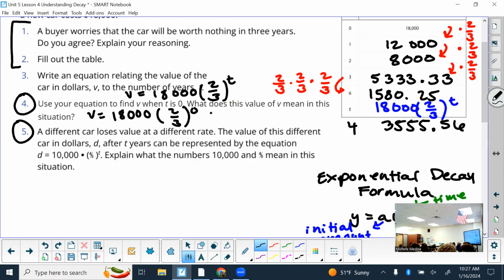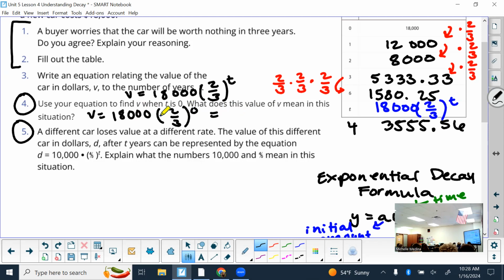Okay, table 6, I'll help you out a little bit. When we do the math, do I do exponents first or multiplication? Exponents. We learned on Friday, anything to the 0 power is what? 1.